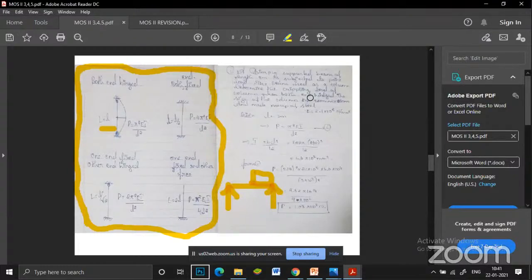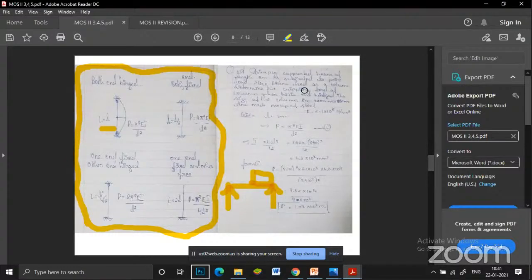Here it is given that both the ends are hinged, and they have given the length and breadth, 320 mm into 260 mm. And we all know the modulus of elasticity, the value of E for steel.